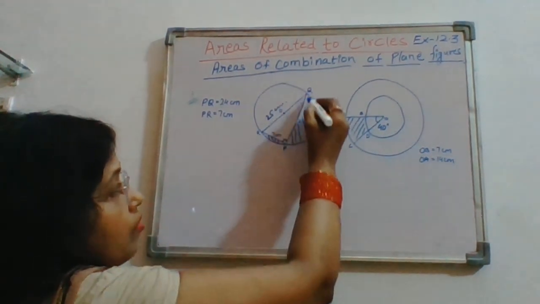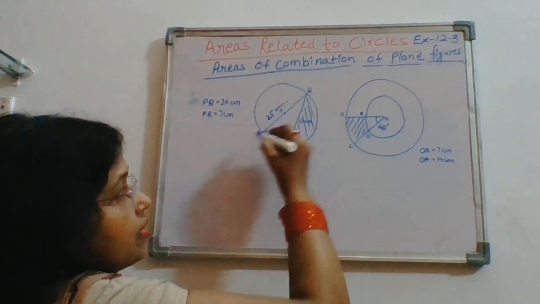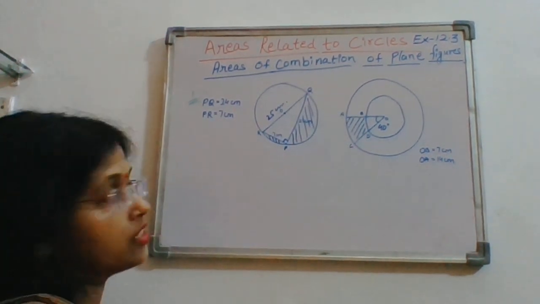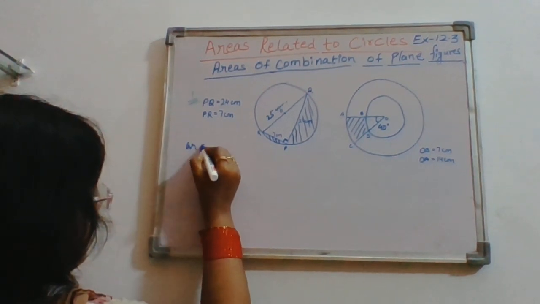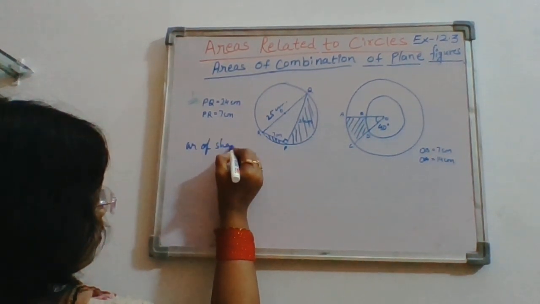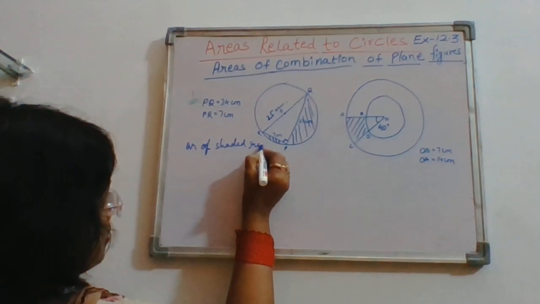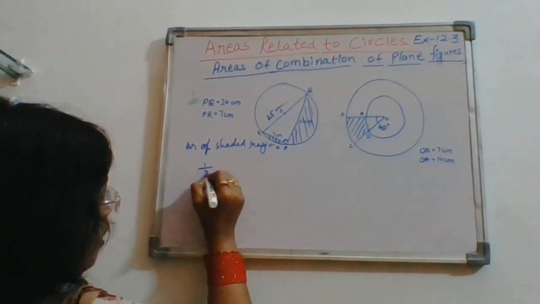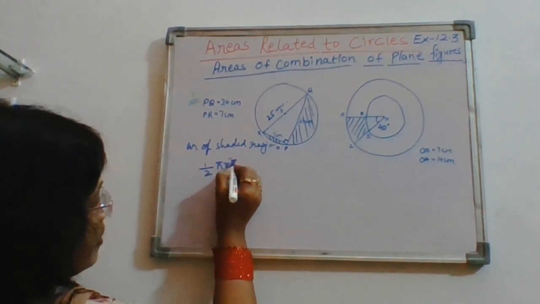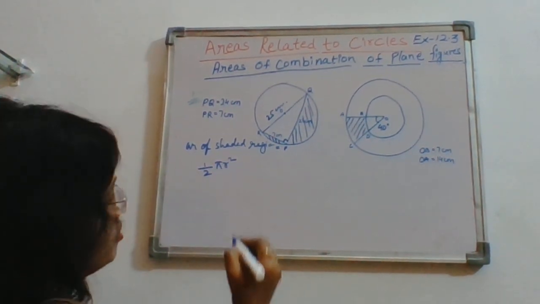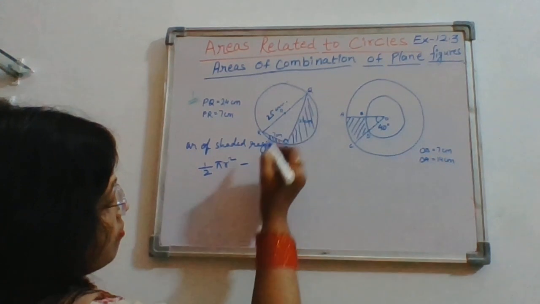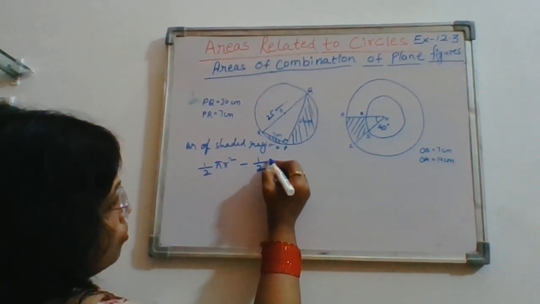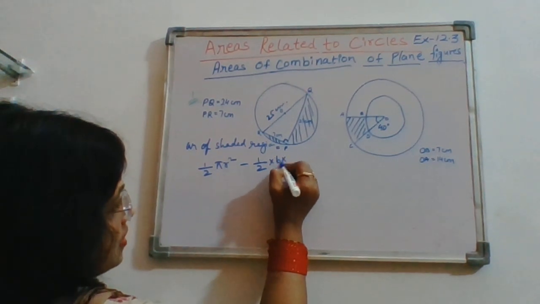Now, area of the semicircle minus area of the right triangle will be equal to the area of the shaded region. Area of shaded region will be equal to half pi r square, this is the area of the semicircle, minus area of the right triangle. Area of the right triangle is half into base into height.